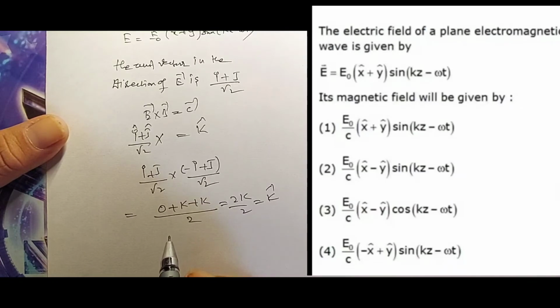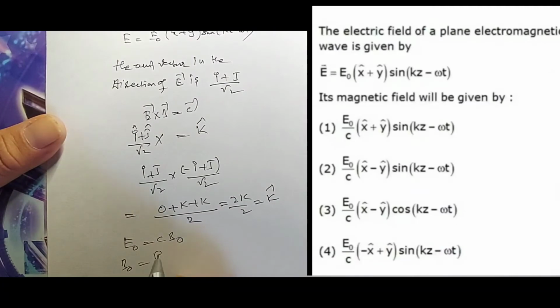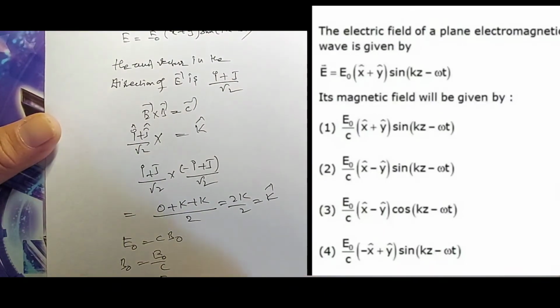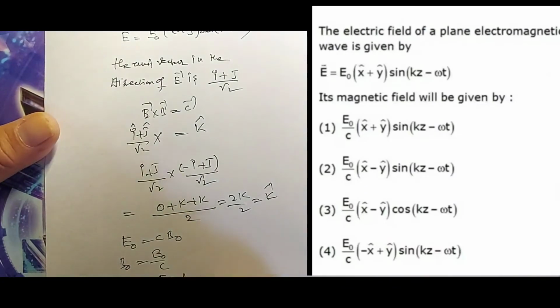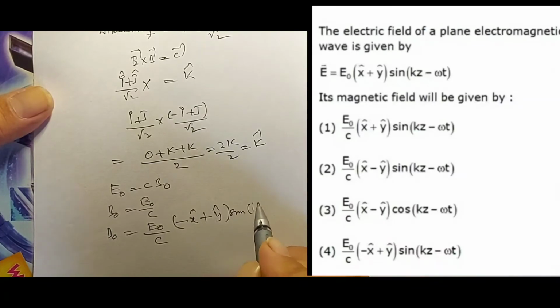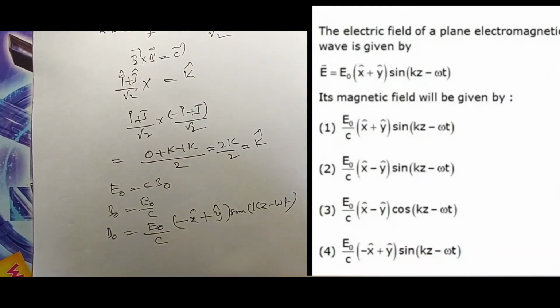option 4. For example, if we write E naught is equal to C into B naught, so B naught is equal to E naught by C. Here B naught is equal to E naught by C, (−x cap or −i plus y cap) sin(kz − omega t).